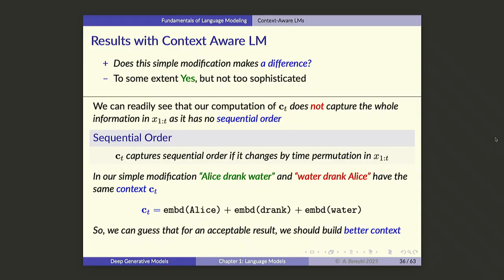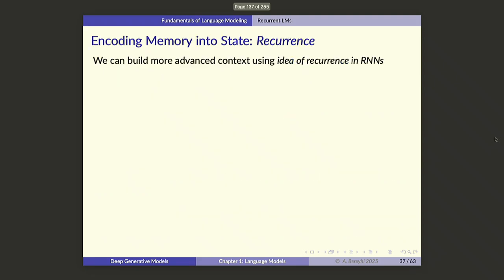So without considering the fact that this model is too simple and does not have too many parameters, we can eventually say from the statistical point of view that this is not going to do the job because the context itself is not sequentially ordered, right? So it's not following the sequential order of the text.